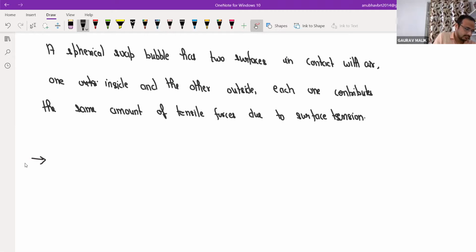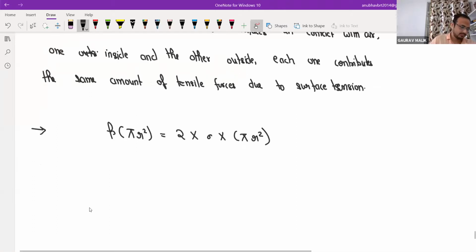So again, the tensile force, we can write directly. Now at equilibrium, P into pi R square is equal to 2 times sigma into 2 pi R. Is it clear?